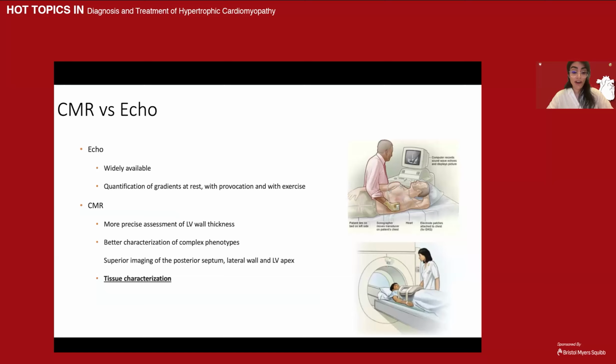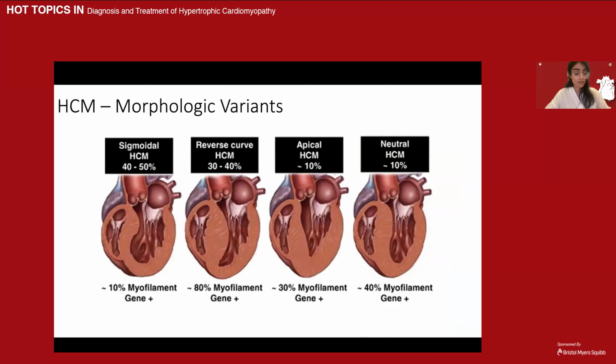CMR, however, provides more precise assessment of wall thickness, better characterization of complex phenotypes, superior visualization of the LV apex and lateral wall, and most importantly, tissue characterization, unfortunately with the use of contrast, with things like late gadolinium enhancement and parametric mapping. So essentially, in reality, I think we should be using both.